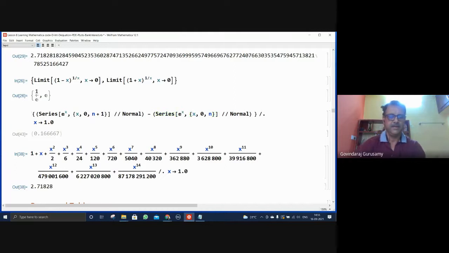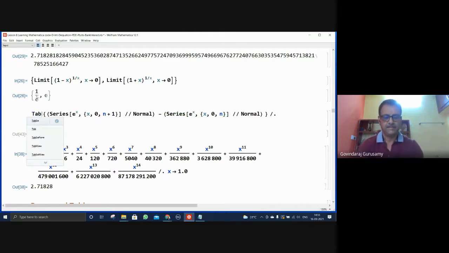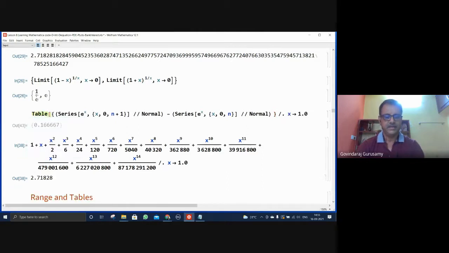And make a table in which we're going to see n, the number of terms. This is the number of polynomial orders which you are going to retain.